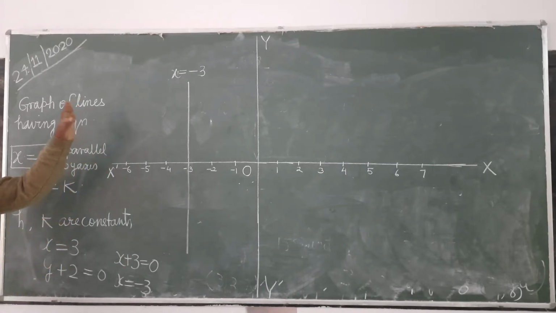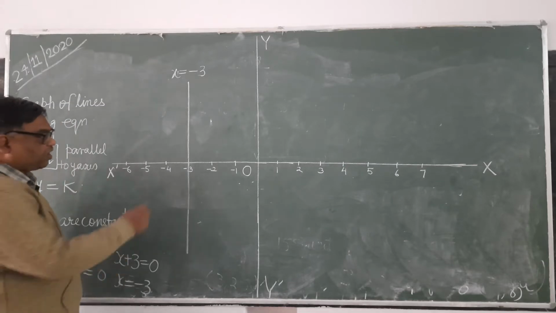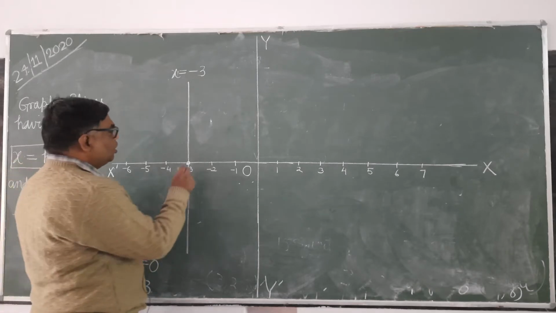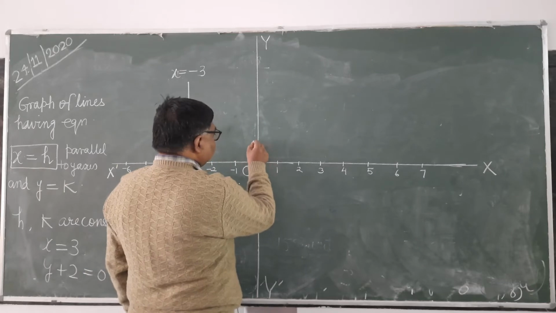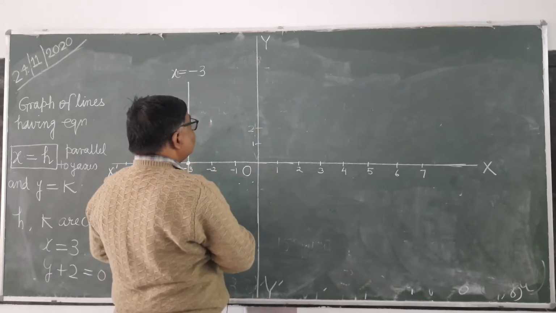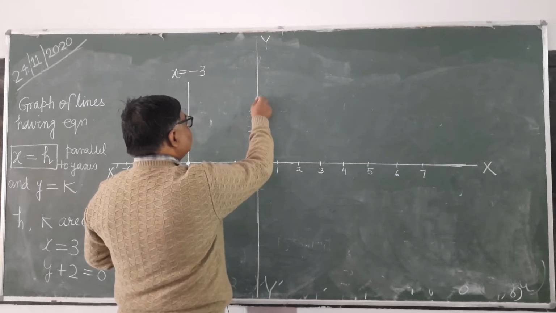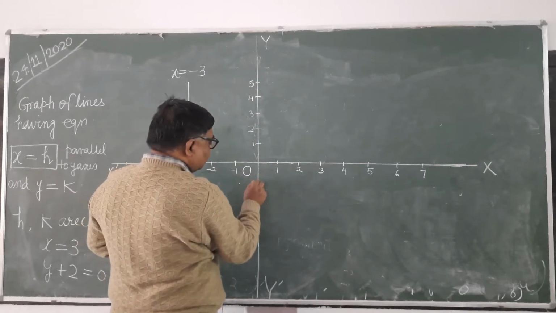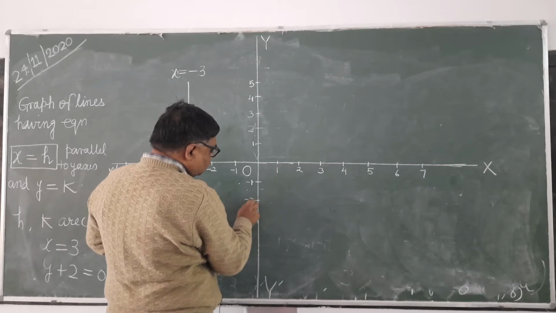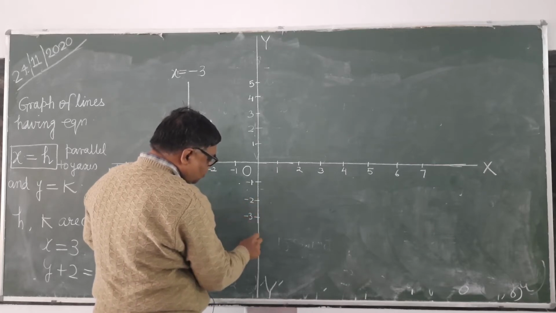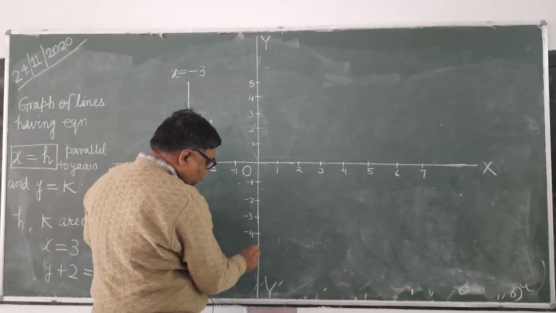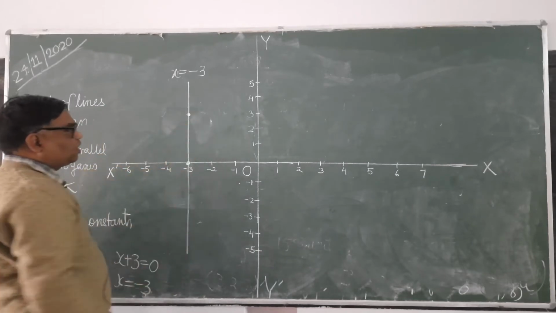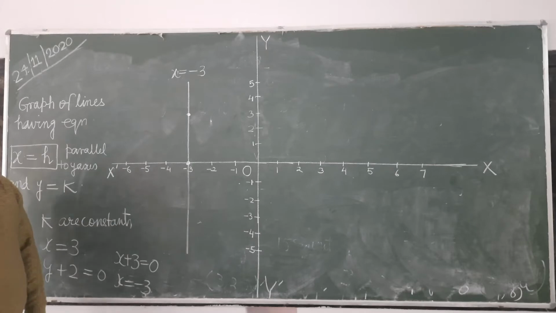Any point on this line, what will be its x coordinate? -3. For example here, what is the coordinate of this point? -3, 0.